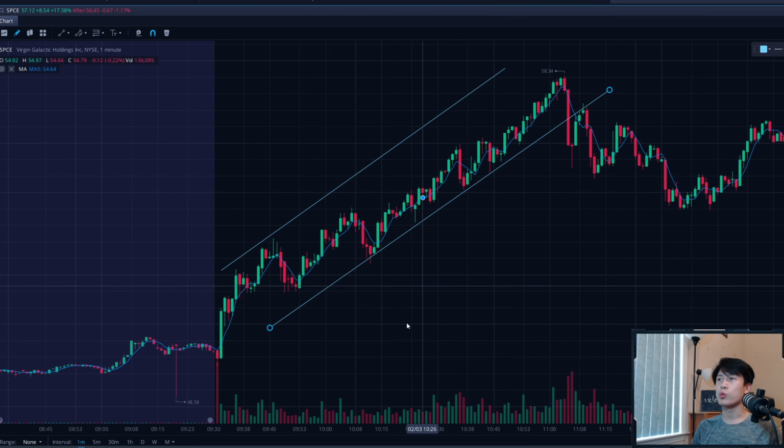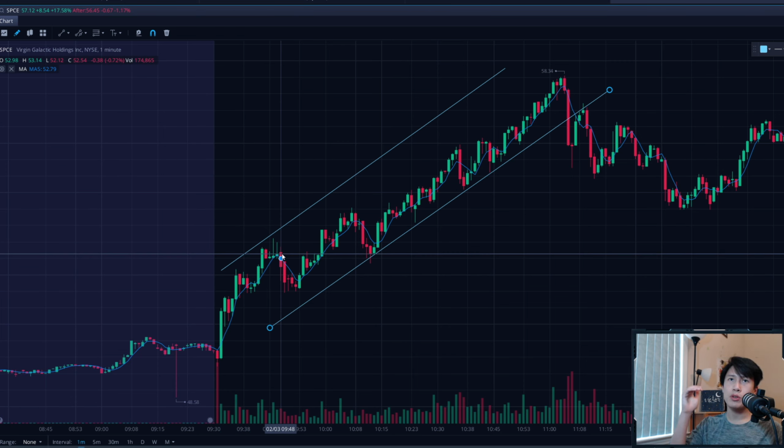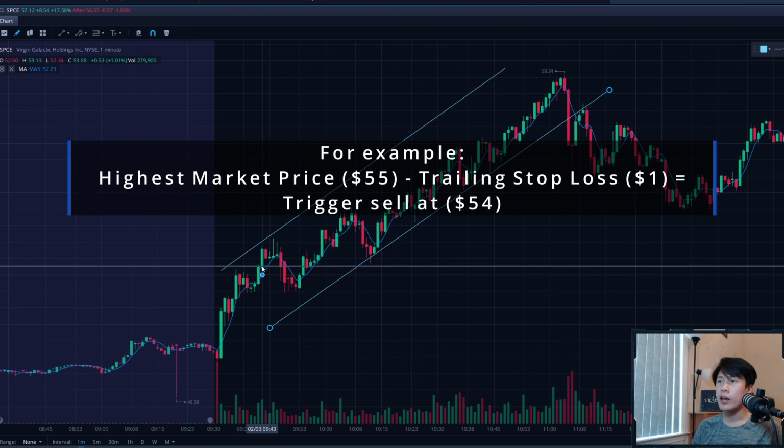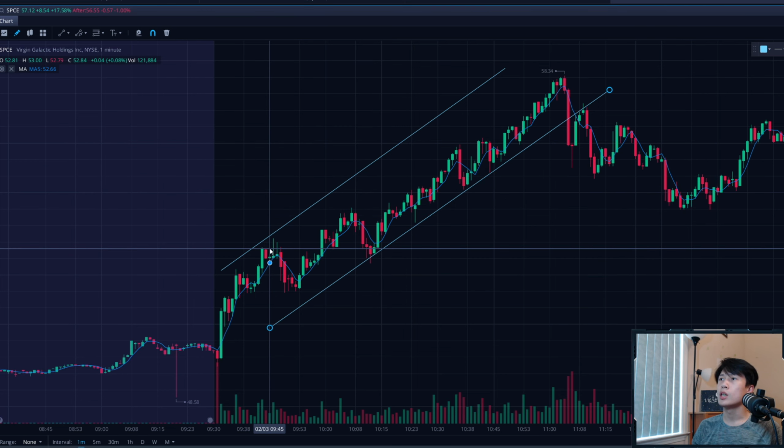The way this works is that I'm saying at a 10% move down, or 5% move down, or $1 move down, I will sell from the highest point that the price has reached. So let's say right here at 9:45, it's at $53, and I'm saying unless it goes down $1 from its highest point, which is $53 at this time point, I won't sell.